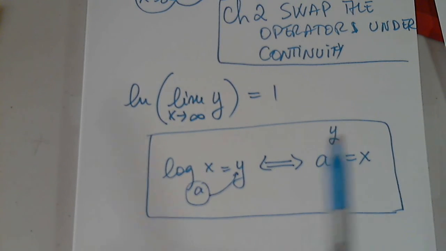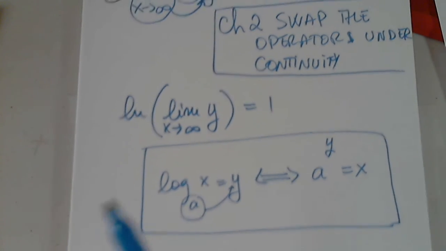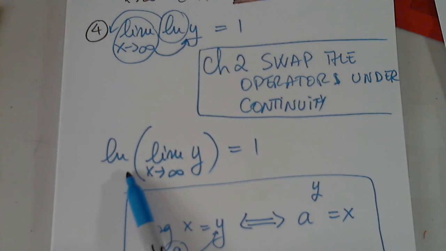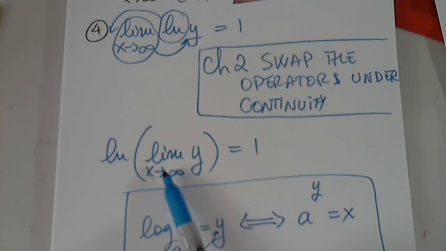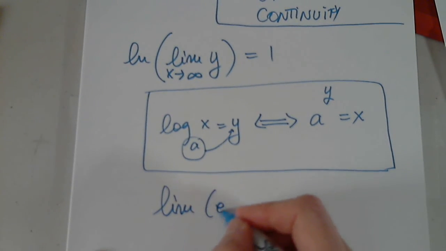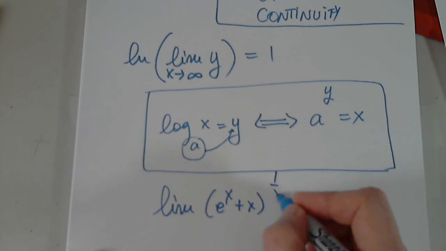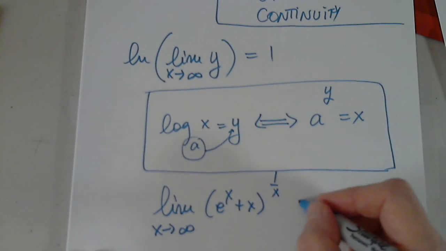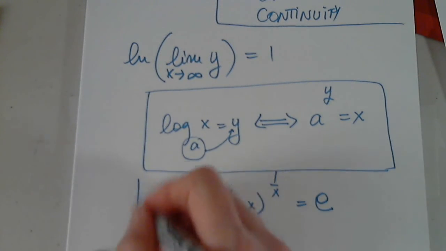Any exponential can be replaced by its corresponding log. So what is the base here? The base of natural log is? E. Good. So e to the first power is our limit. So therefore the limit of e to the x plus x to 1 over x as x approaches infinity is e.